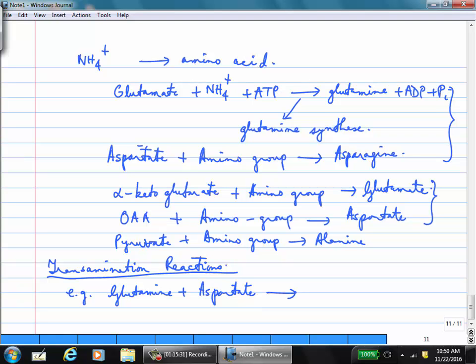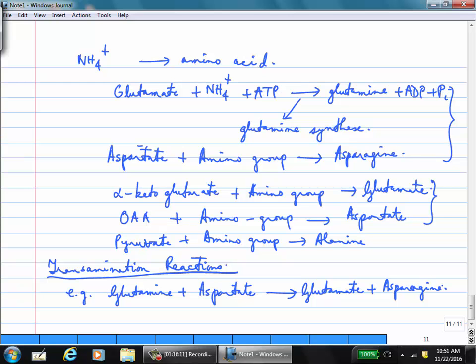Based on the information I've given you, if glutamine gets rid of its amino group, what amino acid are you going to get? Glutamate, okay, good. And if aspartate gets that amino group from glutamine, what amino acid are you going to get here? No, aspartate is getting an amino group. You get OAA if you take the amino group away. If aspartate gets an amino group, what amino acid are you going to get? Asparagine.